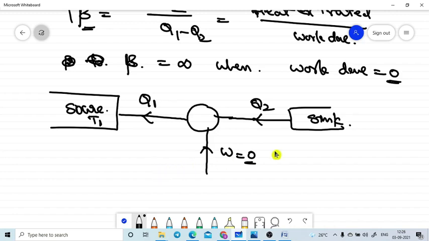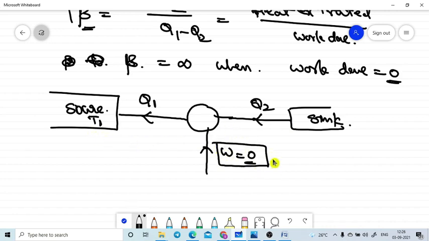But it is impossible to transfer heat energy at low temperature to the high temperature source without doing any work.